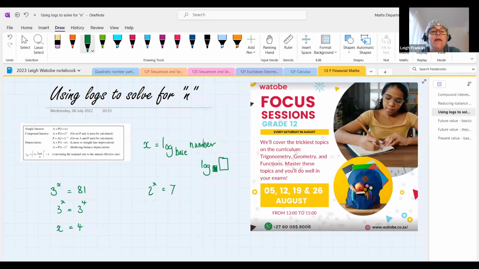Can everybody locate that button on their calculator? Are we all good? Can we find it? Yes, we know where it is. Cool beans. So it's very easy. We just use this button every single time.